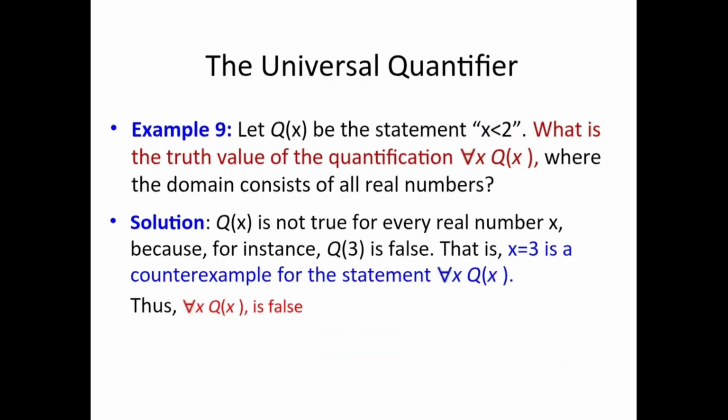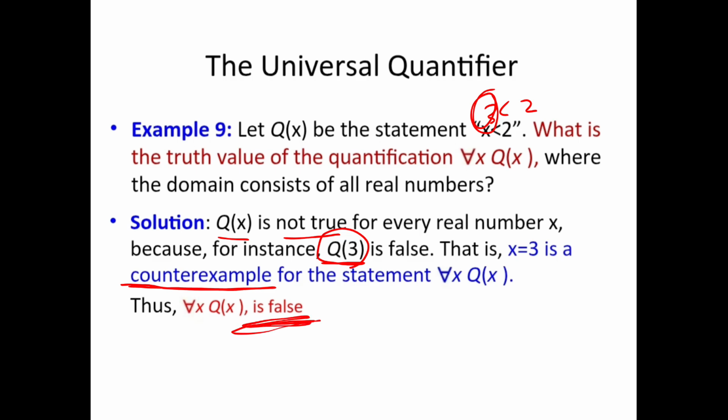So again, Q of x is not true for every real number x because, for instance, makita na nato ang value sa Q of 3 is false because 3 less than 2, dili siya pwede because greater ang value sa 3. So that is x equals 3 is a counterexample. Makita na nato, nag-counter example siya, so nahimo na false for the statement for all x of Q of x. So thus, for all x of Q of x it is false.